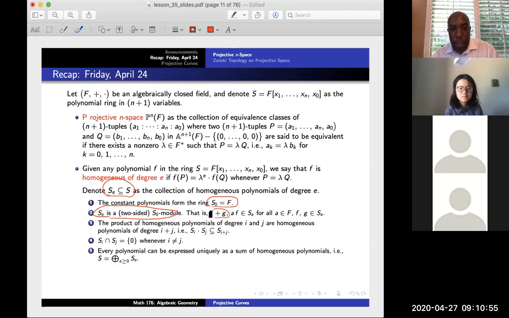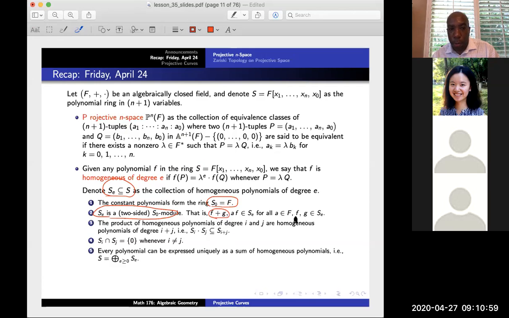That just simply means that if F and G are homogeneous of degree e, then the sum is homogeneous of degree e. And if you pick any scalar a, then the product a times f is also homogeneous of degree e.